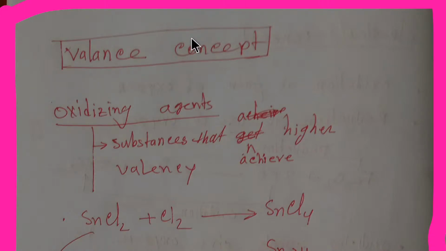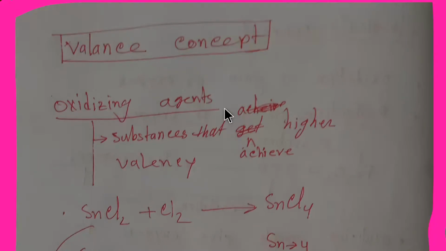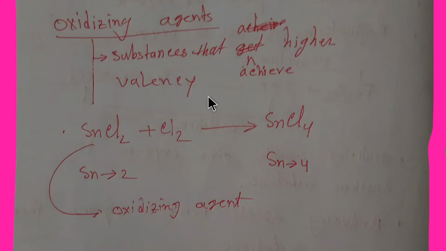Now I would like to discuss the valency concept of oxidizing agent and reducing agent. According to valency concept, oxidizing agents are those kinds of substances that achieve higher valency. That is, the valency will increase. This is stannous chloride and this is stannic chloride.